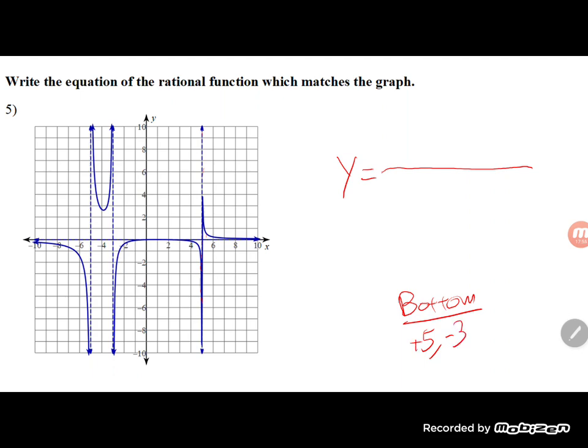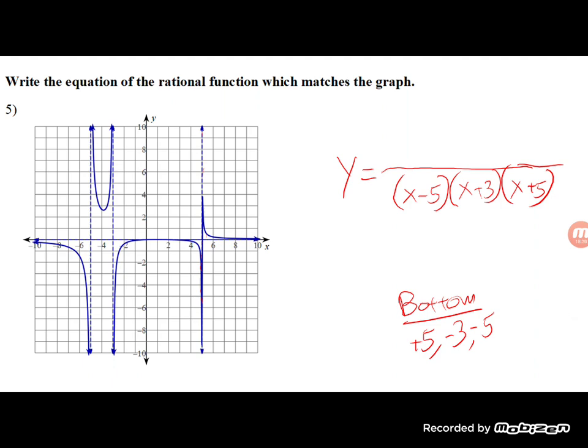Negative 3 and negative 5. Okay, so on the bottom we could expect factors to create these, so that would mean a factor of x minus 5, a factor of x plus 3, and a factor of x plus 5. And that's what our bottom could look like, right? It would have all those asymptotes.